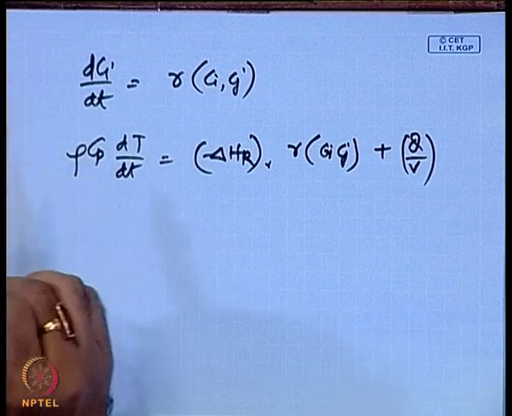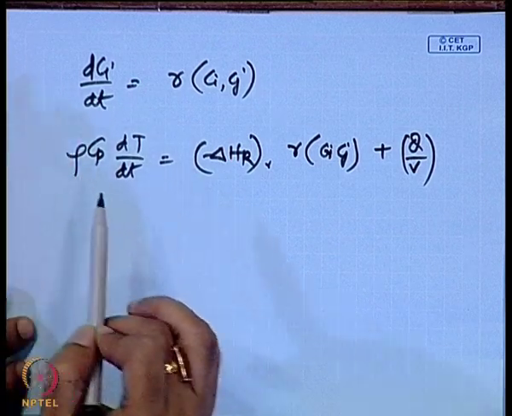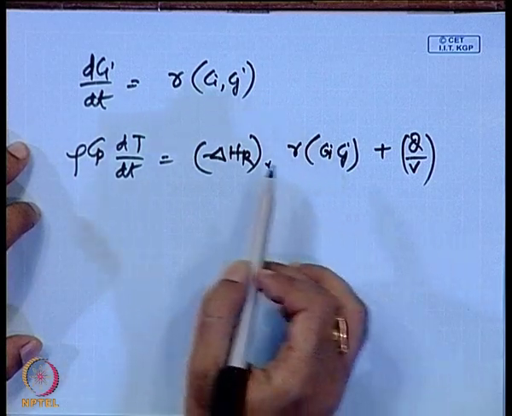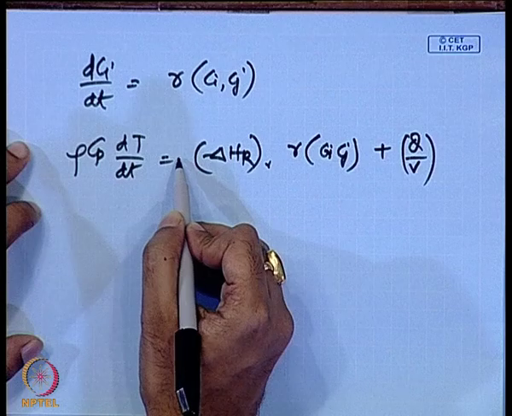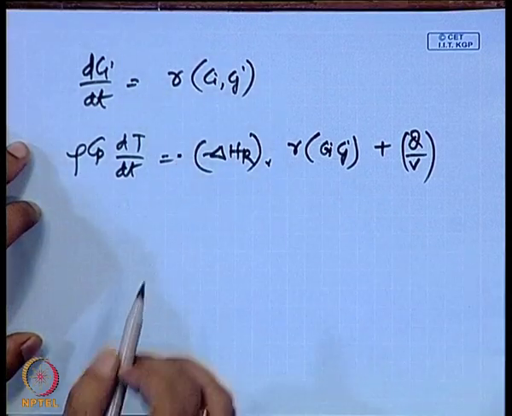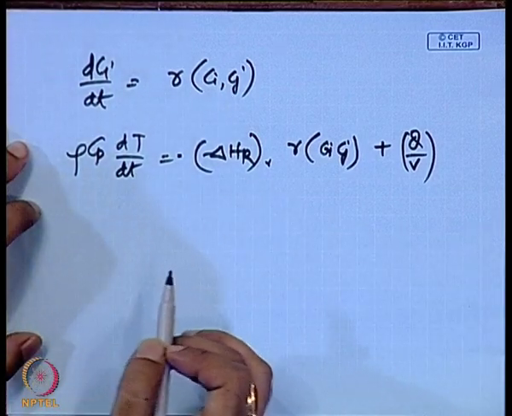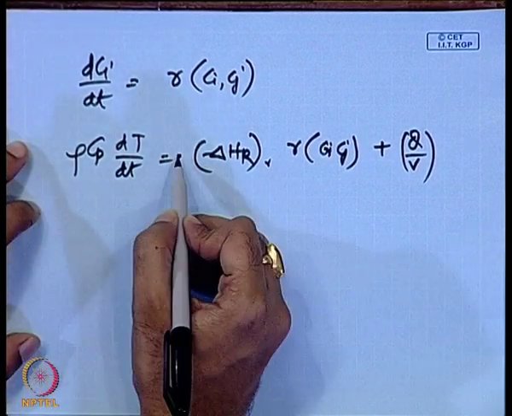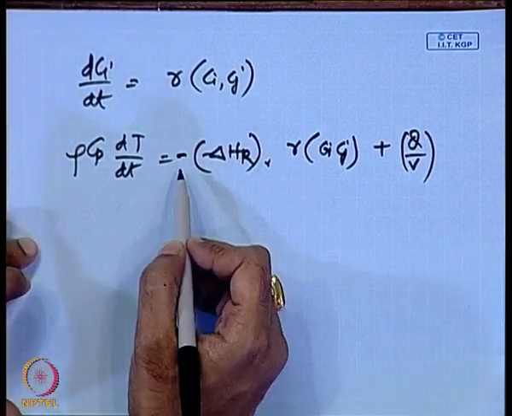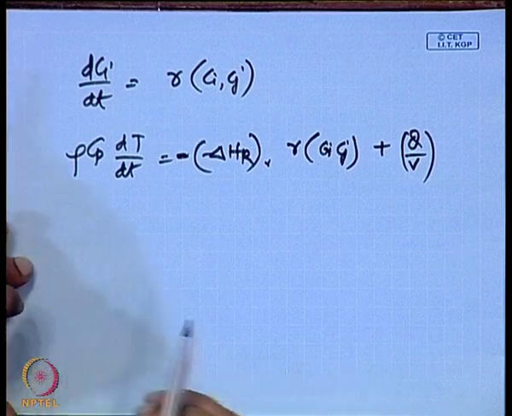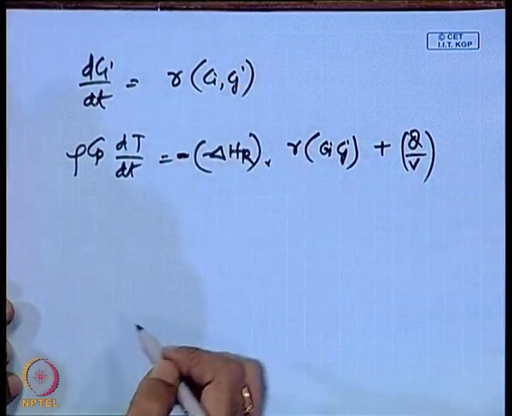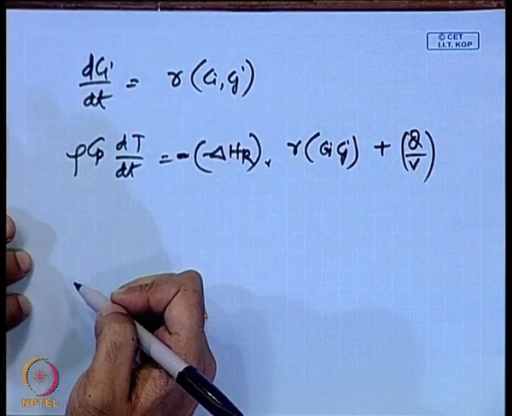I think there is a sign mistake. It should be minus of minus delta Hr. You multiply the first equation by minus delta Hr.